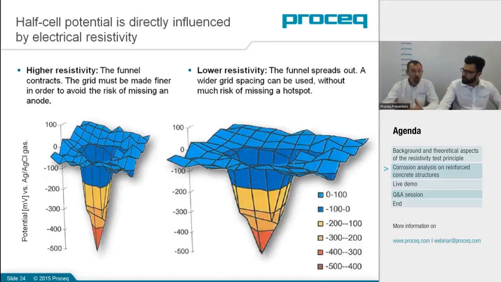On the contrary, should I measure a low resistivity in my preliminary measurement, then I will know that I can afford going a little bit wider because the shape of the funnel itself would be wider. So this is the first step where I would use resistivity as an indication for optimizing my half cell potential testing campaign.